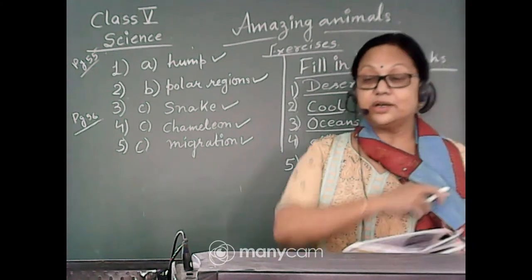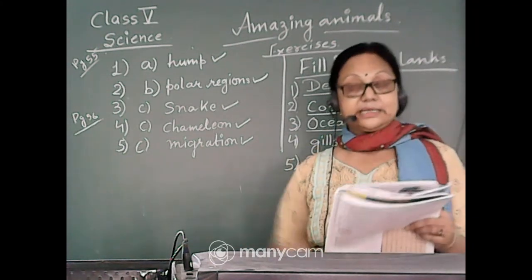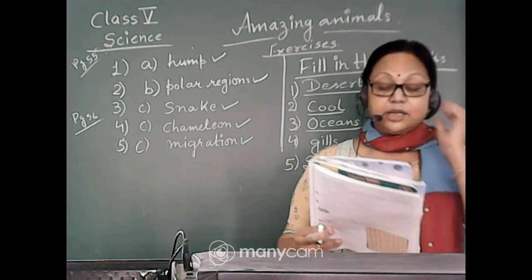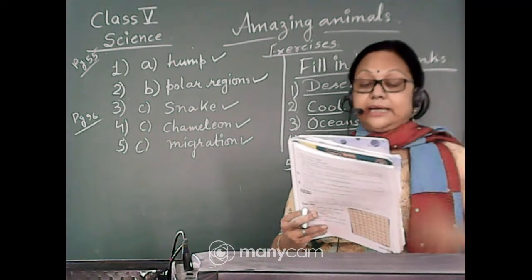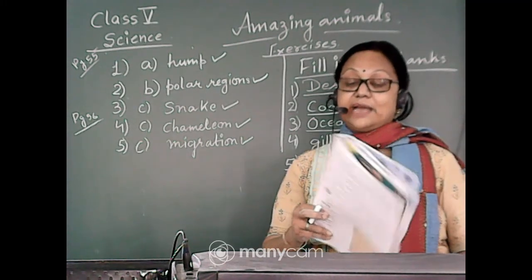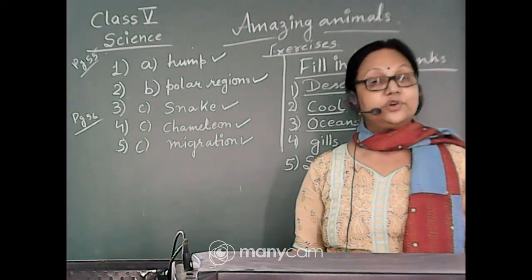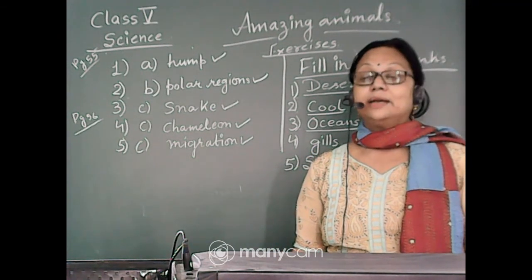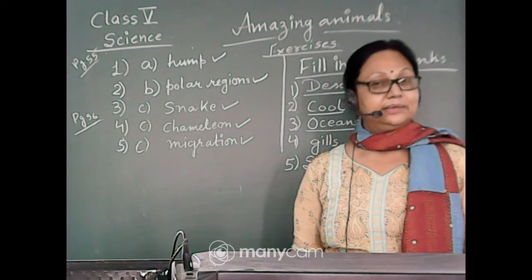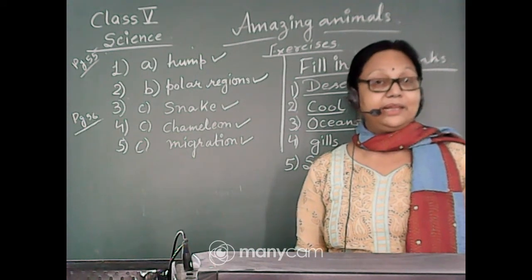And the last, the sixth statement, is given here. Polar regions and high mountains are very dash places. Naturally, they are cold places. At high altitude the weather is very cool, and high mountains like the Himalayas are very cold.